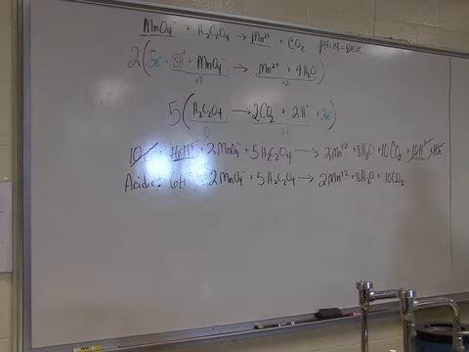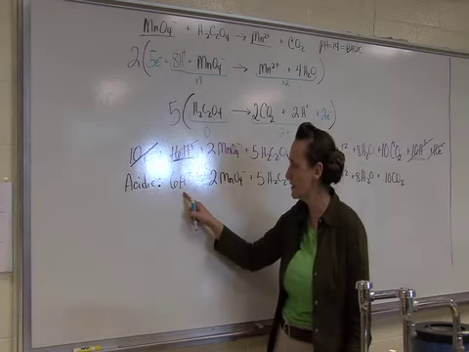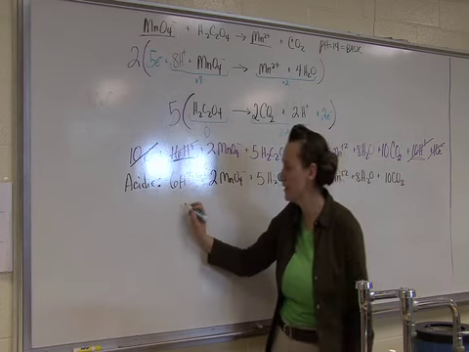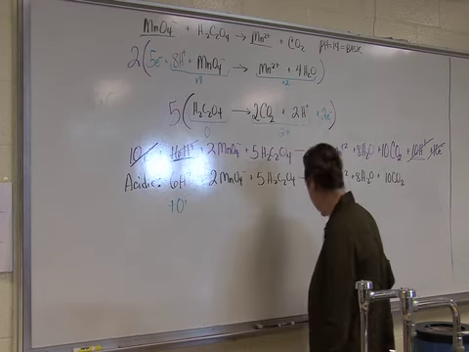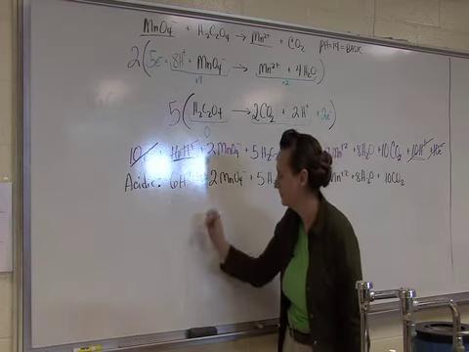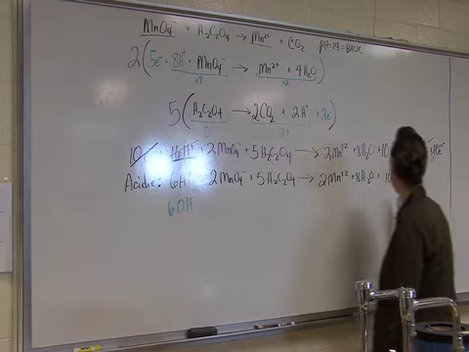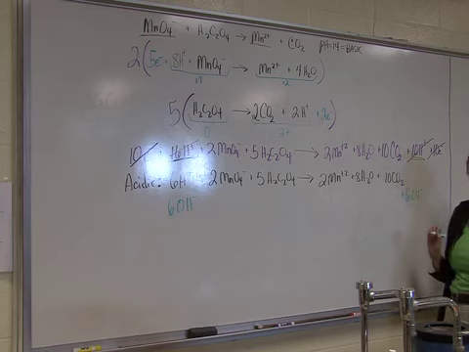To make it basic, I focus on my H pluses. I have 6 H pluses here. So I'm going to add 6 OH minus to both sides because I want to keep all my atoms balanced.